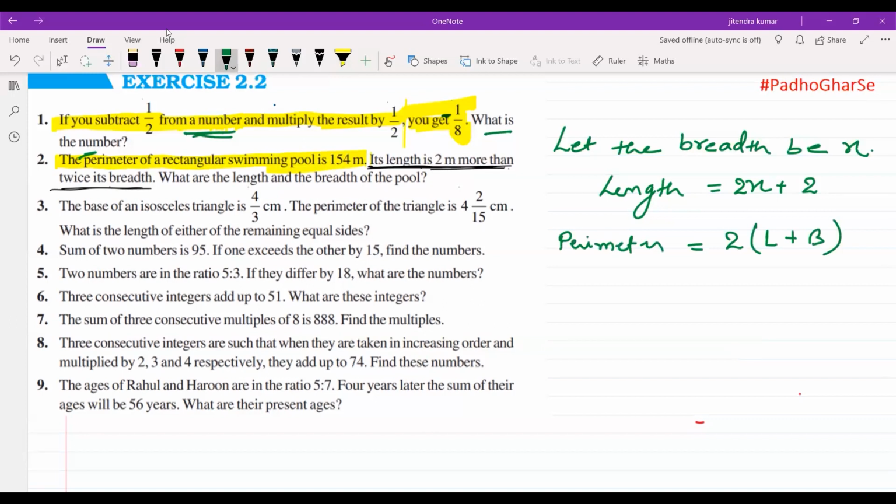So we use this formula: 2 times length, which is 2x plus 2, plus breadth, which is x, and this is equal to 154. Now all of you please solve this linear equation and tell me what will be the x here.